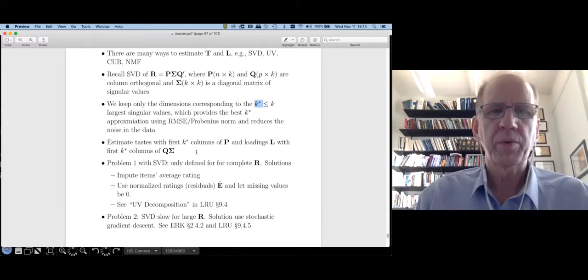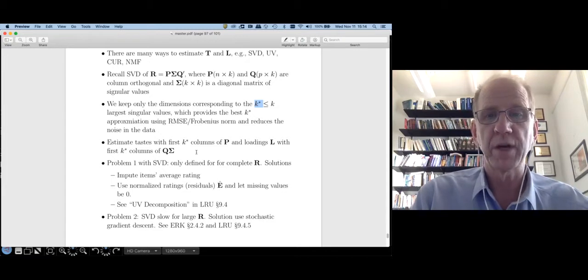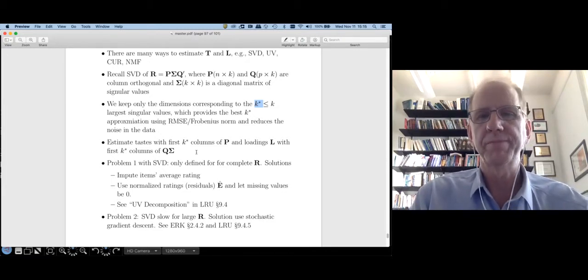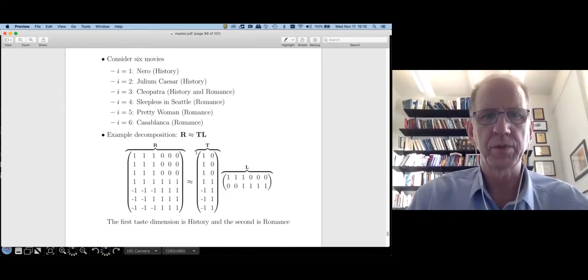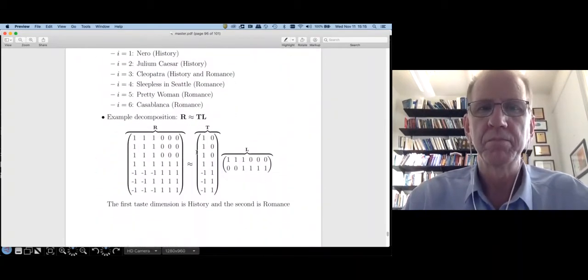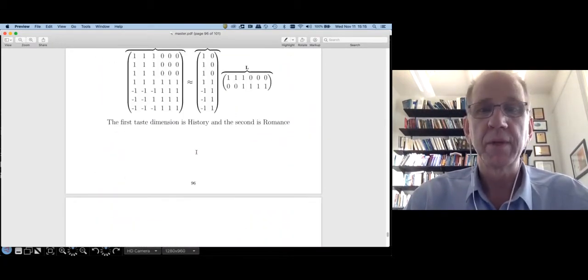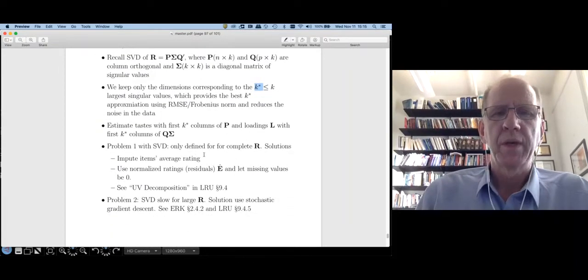We immediately have a problem because the singular value decomposition is only defined when all of the values in R have been observed, and there's a whole lot of missing values. We saw some here. In real life, of course, 99% of the values might be missing. So what do we do?